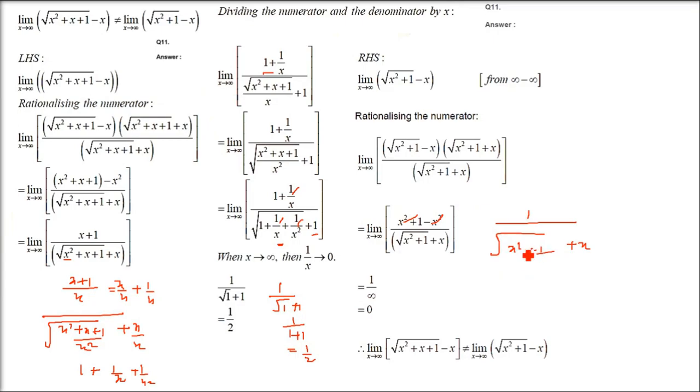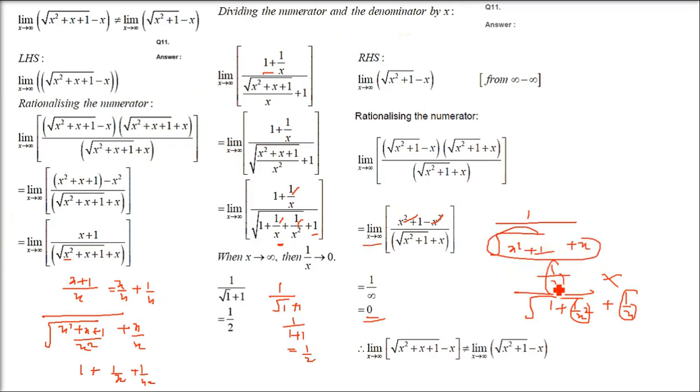If you do, x square we take common, x will come outside, 1 plus 1 by x square, and x is already there. So x you can take all outside. So what do you get? Infinity in the denominator, so you get 1 by infinity, and anything divided by infinity is 0.